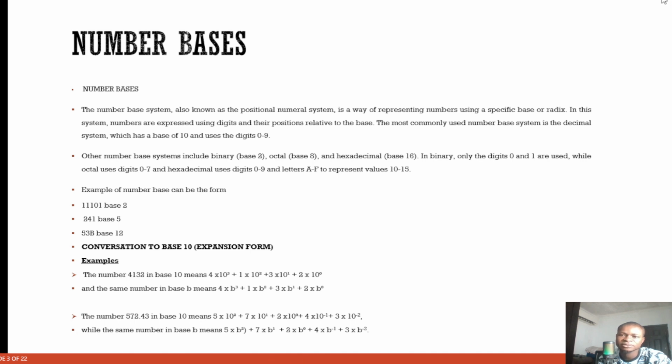I can write 241 base 10, or I write 241 base 2.